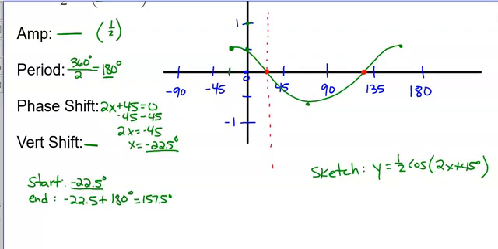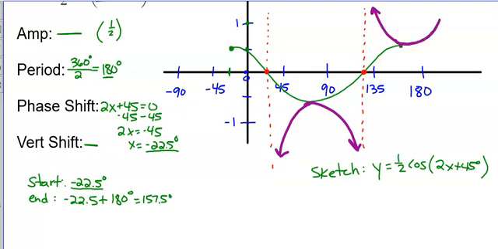So we have an asymptote here, and we have another asymptote here, and then we're going to build our secant function right off of that. I'm going to do it in maybe purple, maybe something totally different. Okay, so we're going to have this, and then we're going to have this, and we're going to have another one.